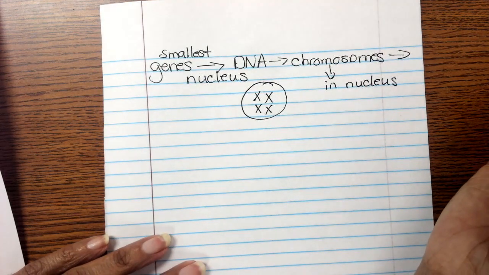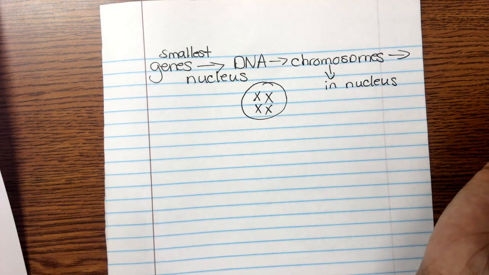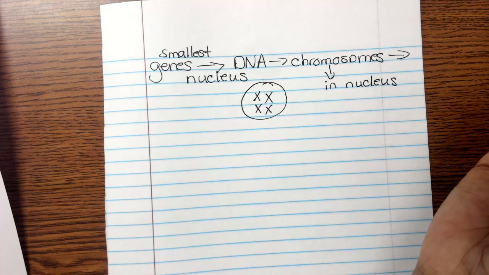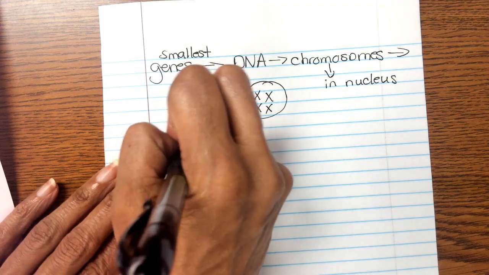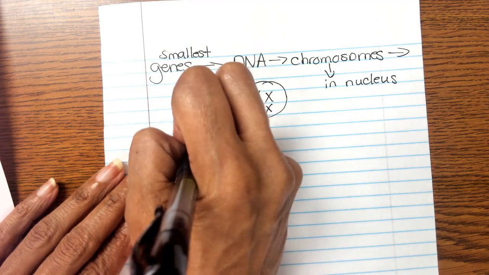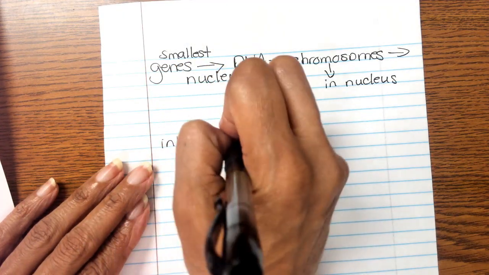Okay, then we moved on to talk about inherited traits. Inherited traits are traits that are passed from parent to offspring.